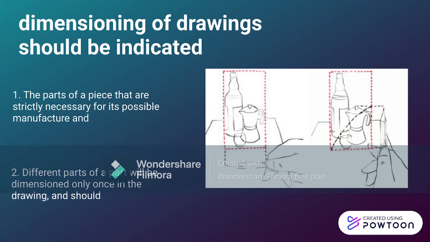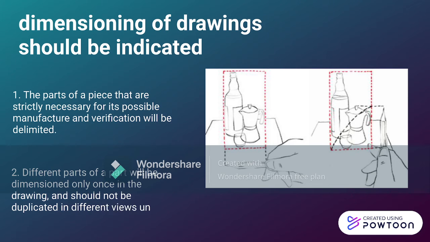The parts of a piece that are strictly necessary for its manufacture and verification will be dimensioned. 2. Different parts of a piece will be dimensioned only once in the drawing and shall not be duplicated in different views unless it is strictly necessary.